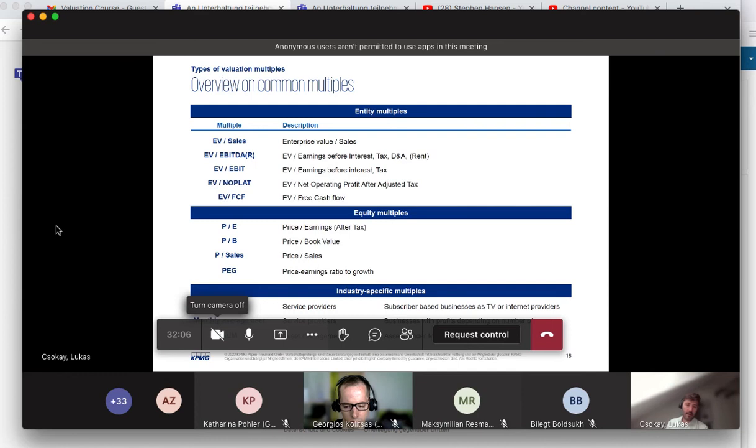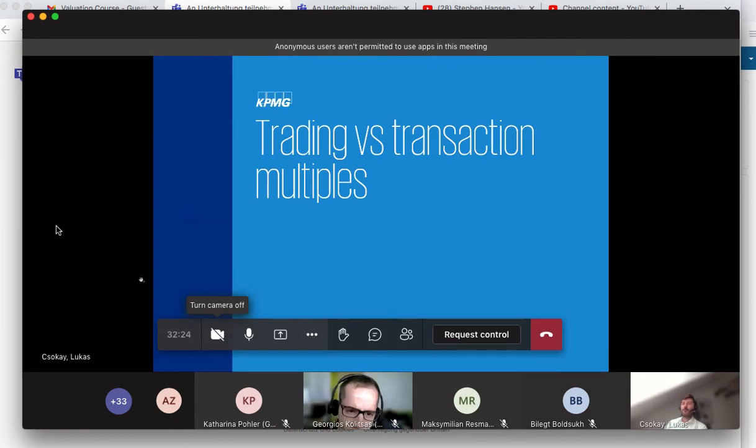And you could then measure your equity value relative to the assets under management, for example. And there are a lot of different multiples really out there. So just keep that in mind. You will find a lot of different multiples. And now I think we can go into more details.